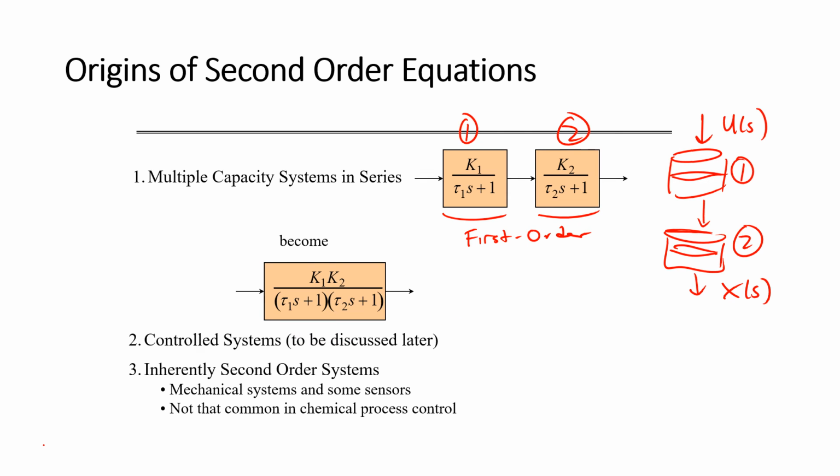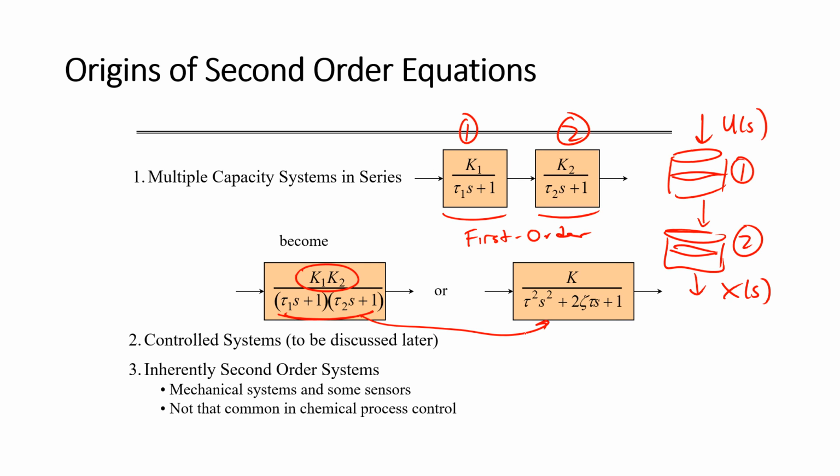Okay, so if I multiply these 2 together, I get that the gain is K1 times K2, and then it's going to get into a standard form where I'm just going to multiply this out and then fit it into that form there. Okay, so if I multiply this out, I get tau 1 tau 2 s squared plus, okay, and then this is going to be tau 1 plus tau 2, s plus 1.